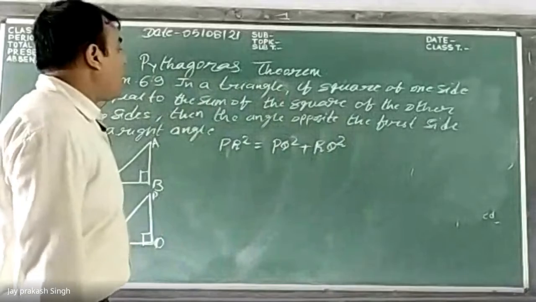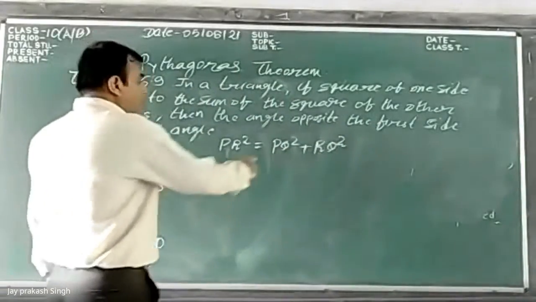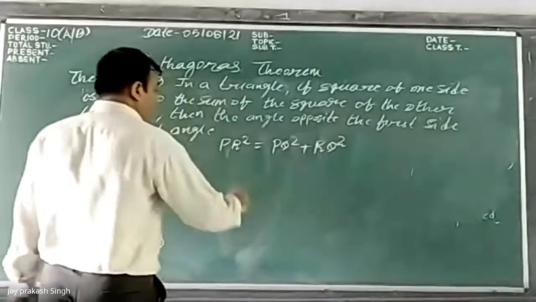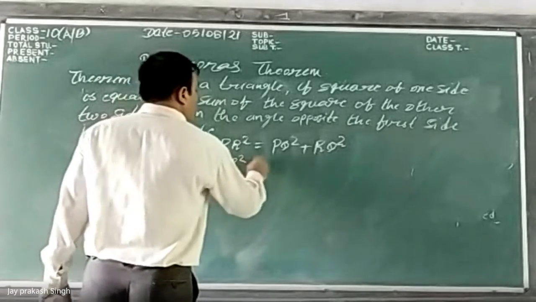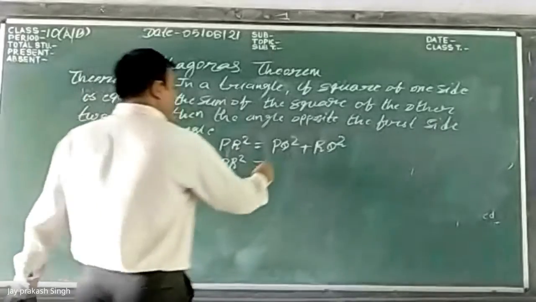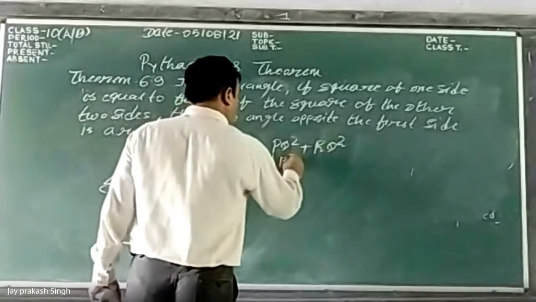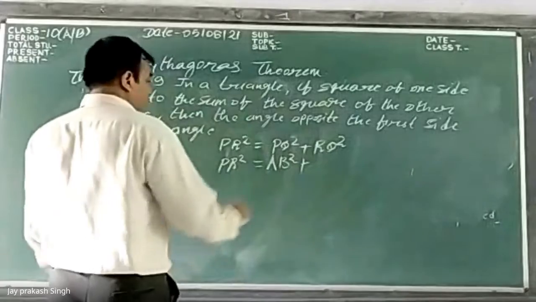At the place of PQ and RQ, we can put AB and BC, as we have constructed them equal. So PR square equals AB square plus BC square.